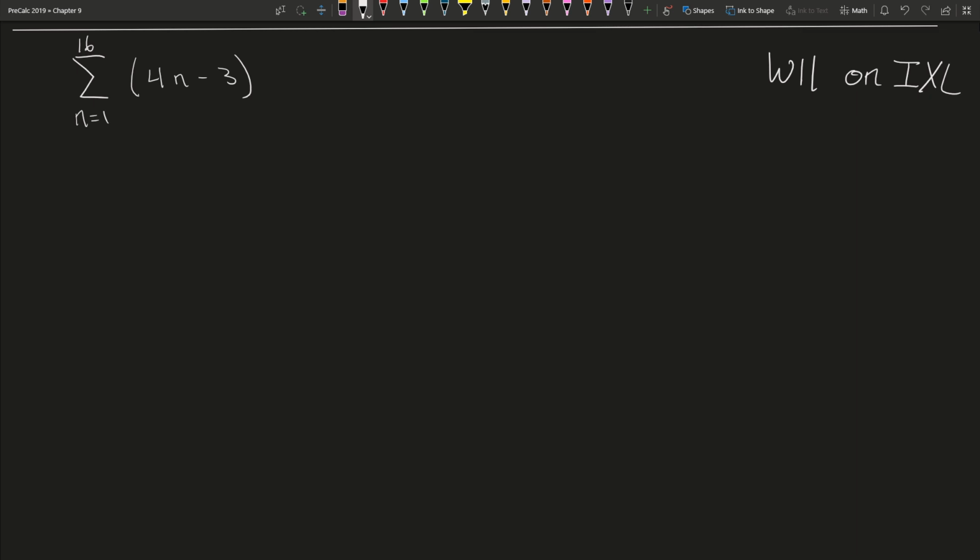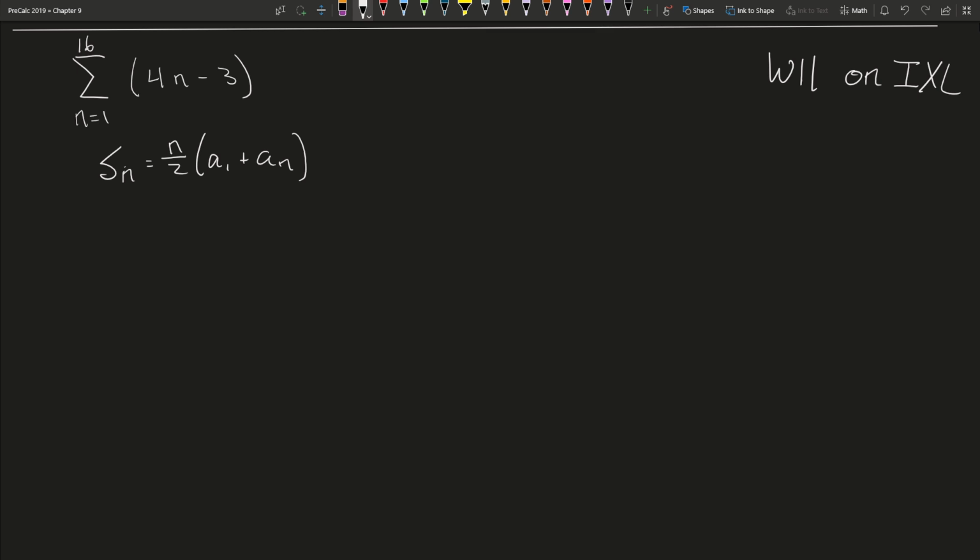All right, so this is saying that we want to find the sum of this. And yes, you could do this by hand. You could do 4 times 1 minus 3 plus 4 times 2 minus 3 all the way up until 16. Okay, but we're only going to be dealing with arithmetic sequences in here. Okay, so we can actually plug it into our equation and get an answer.